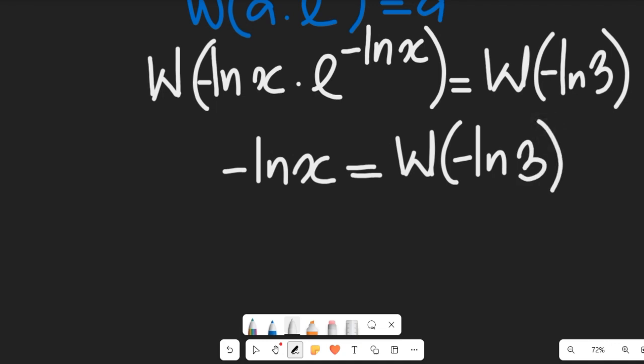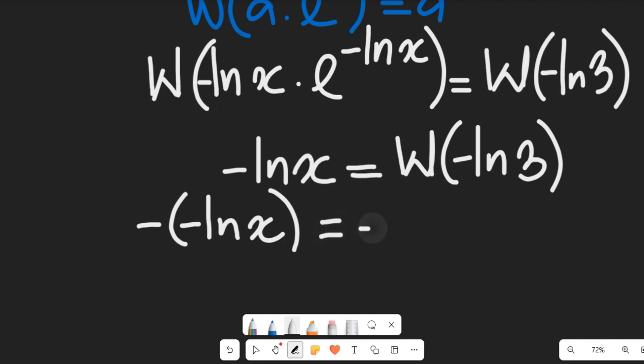Great. So how do we simplify this? We're going to simplify this by taking both of them back to an expression that is similar to an exponential value. But before we do that, let's multiply both of them by negative. If I multiply both expressions by negative, I'll have negative multiplied by negative ln of x, and this will give us negative the Lambert W of negative ln of 3.